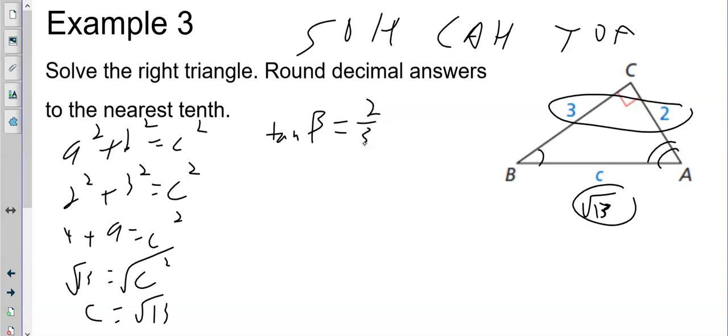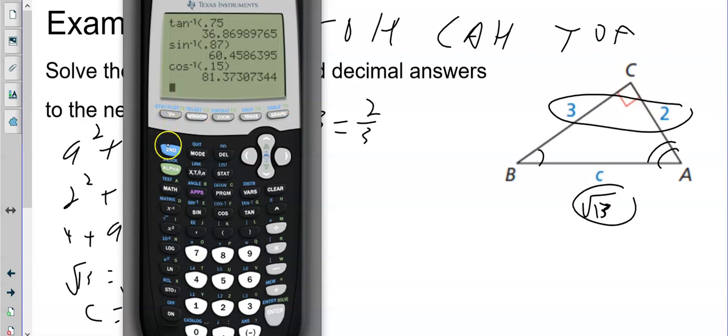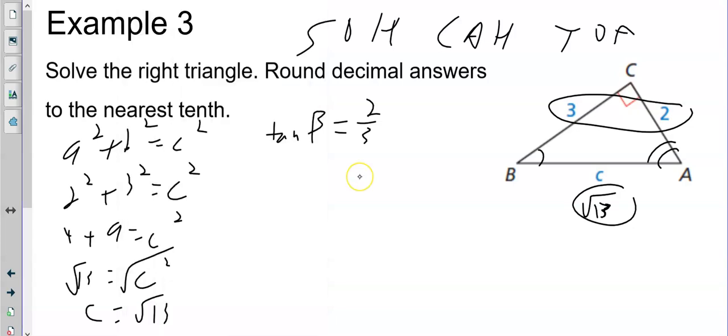2 over 3. So we just go to our calculator and type in second tangent, 2 divided by 3. Then it says round to the nearest tenth, so that's 33.7 degrees. And then tangent of A, again from A, the opposite is 3, and the adjacent is 2.